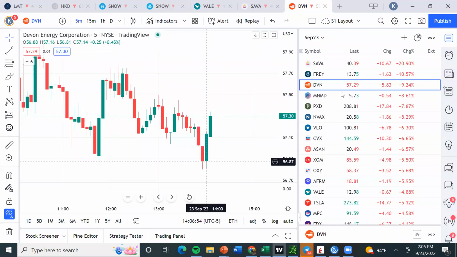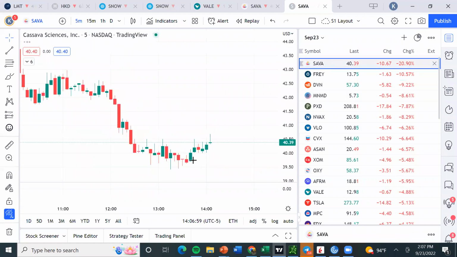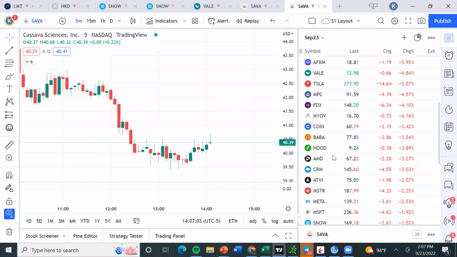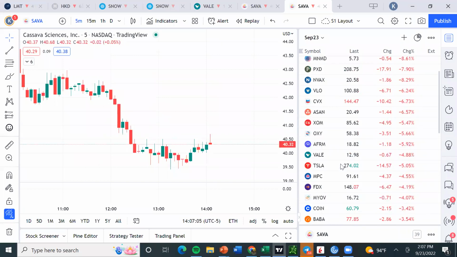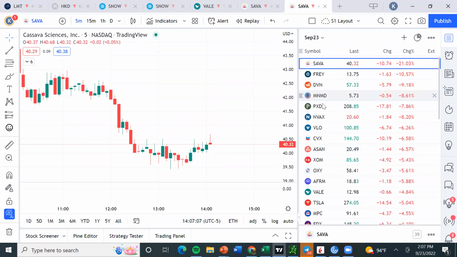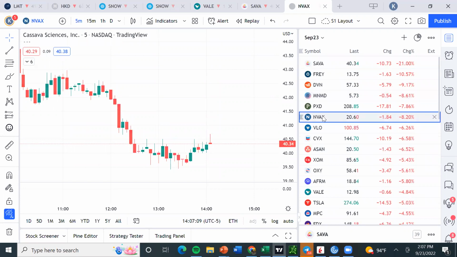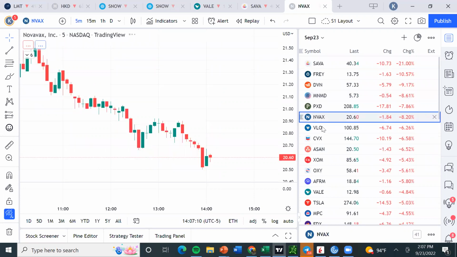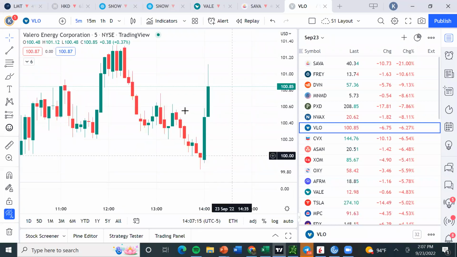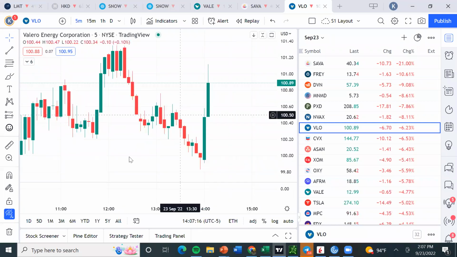DVN is going up, Sava is going up, right? And then your SPY is moving up. So when it is in the bullish trend, whichever you buy, most of the stocks will be in the bullish trend, especially whichever are oversold, right?